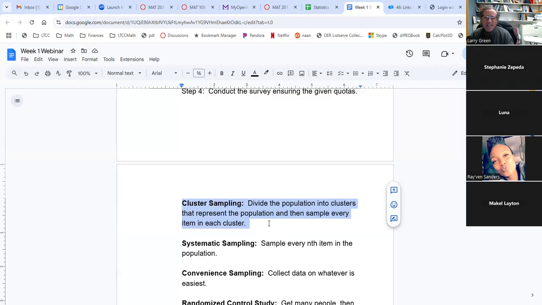Then any ideas on what the typical, easiest clusters to use would be? The clusters, or groups of students in this case. What do you think the obvious set of clusters could be if the population was students at our college?